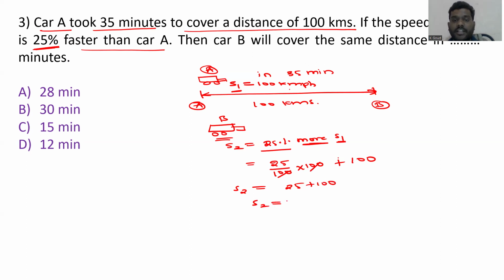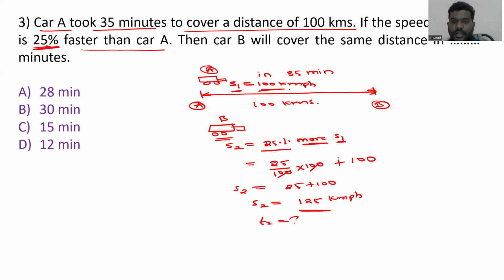So the speed of the second car will be 125 kilometers per hour. See, if speed 1 is 100%, but the speed of car B is 25% more, it means 100 plus 25, 125%. That is 125 kilometers per hour. Simple way.